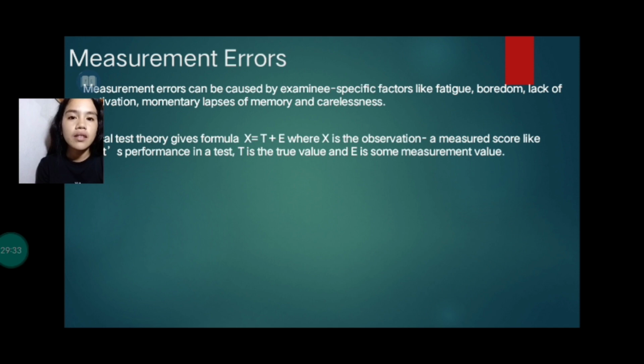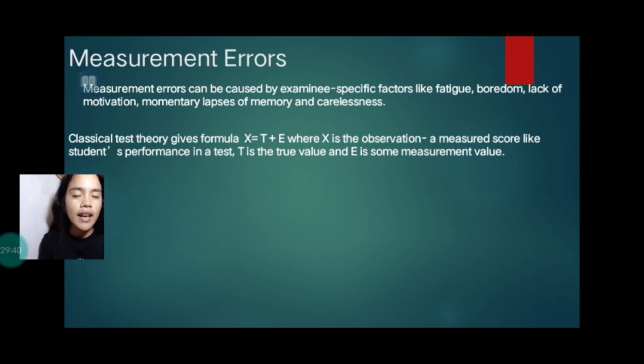In measuring errors, this is the formula we use: X equals T plus E, where X is the observed score, T is the true value, and E is the measurement error.